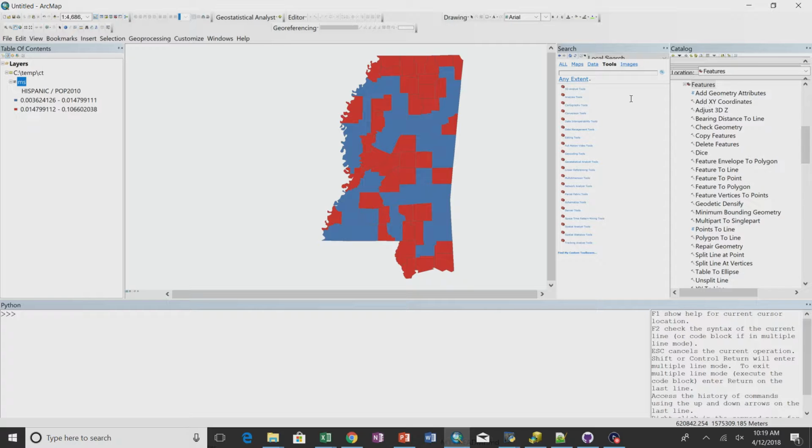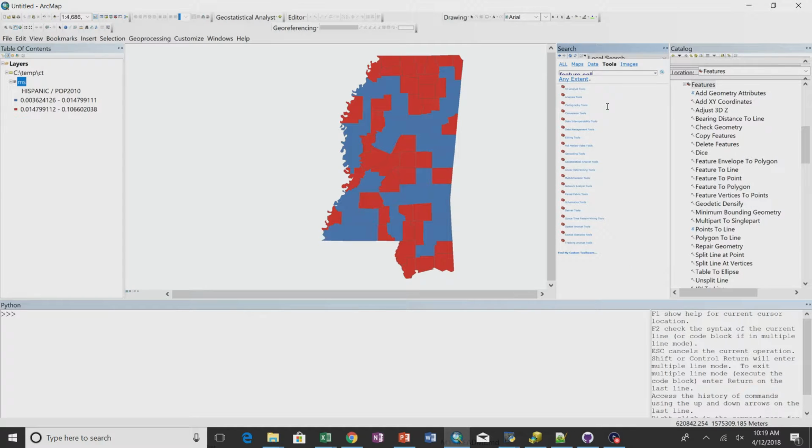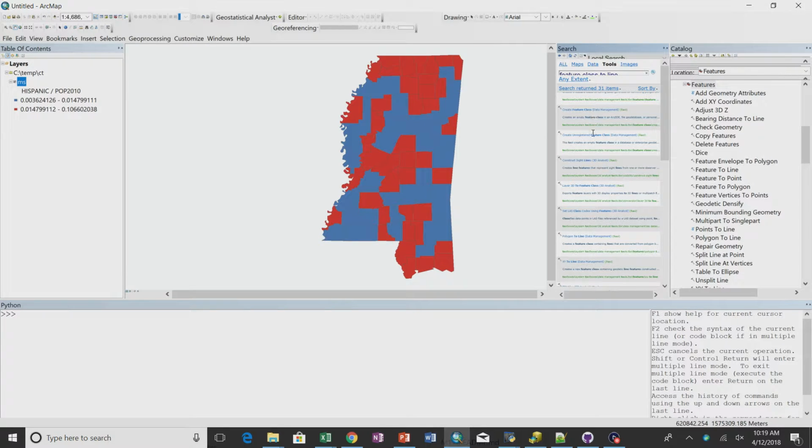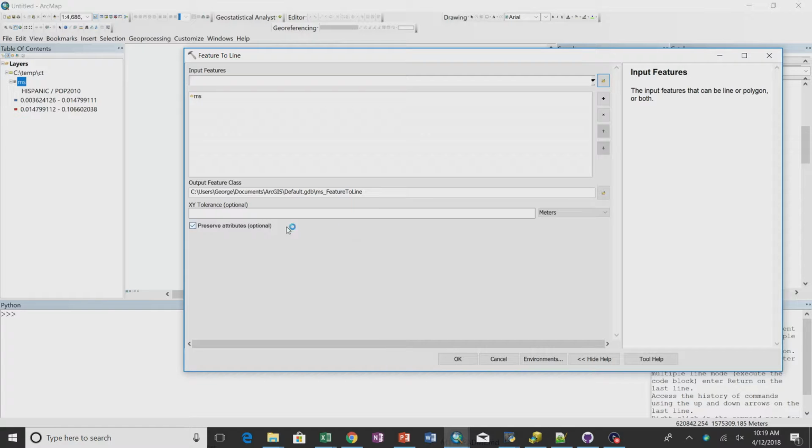The tool that I want is feature to line, which converts every feature into a line. I do want to check preserve attributes, so I leave that checked and say OK.